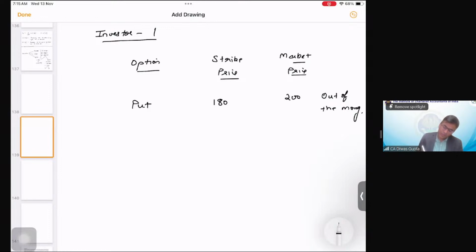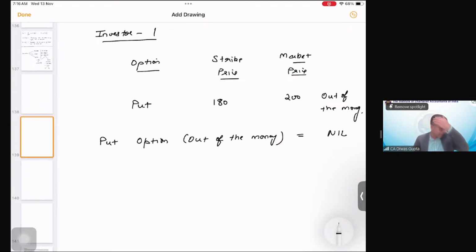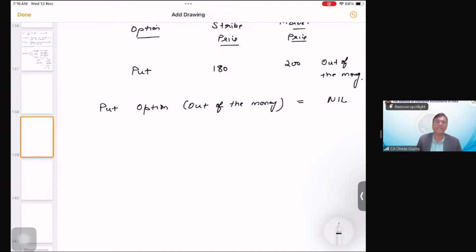So if we talk about the subsequent cash flows now, on the put option, this is out of the money. On this, the subsequent cash flow will become nil. So whatever premium I have paid already, it becomes a sunk cost for me, right? It has nothing to do with whatever I will gain in future.